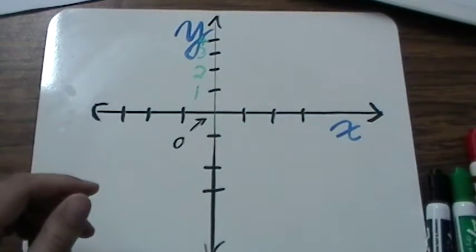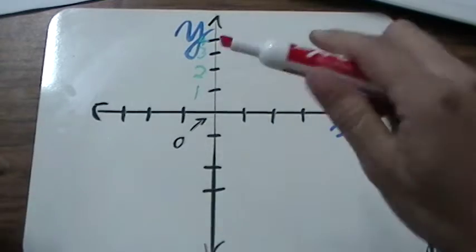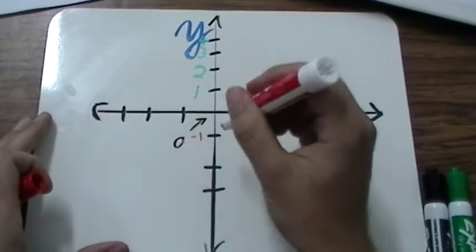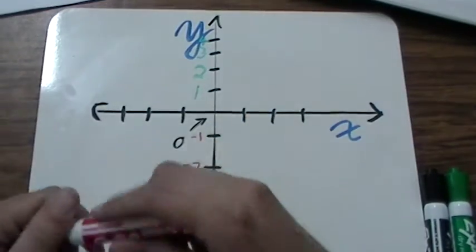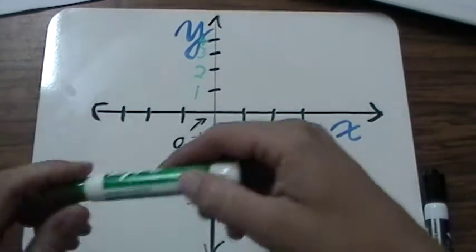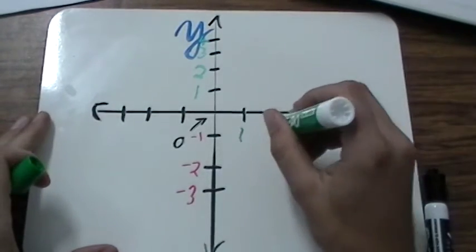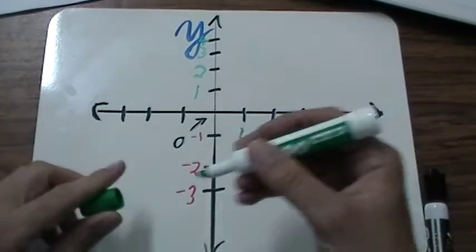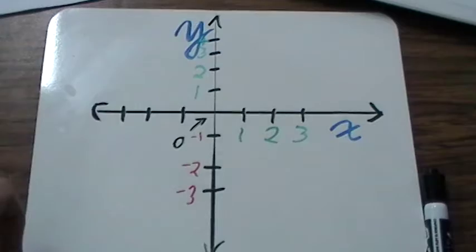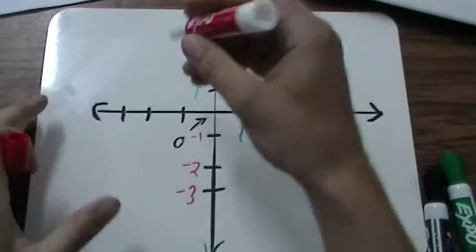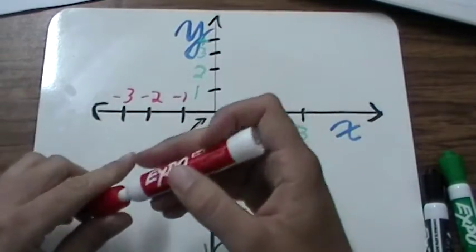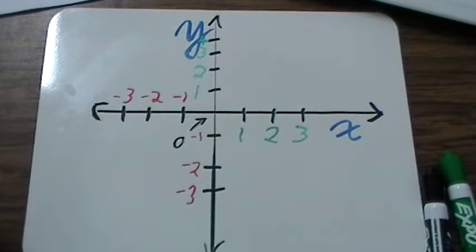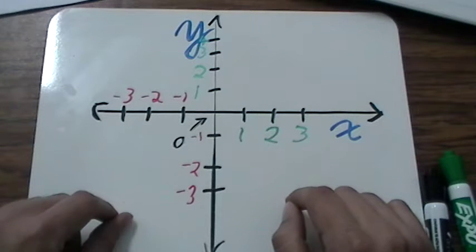If I'm going down, those are actually negative numbers: 0, -1, -2, -3. When I'm going left and right, to the right is positive: 1, 2, 3. And if I'm going to the left is negative: -1, -2, -3.